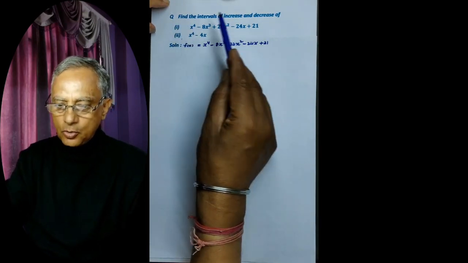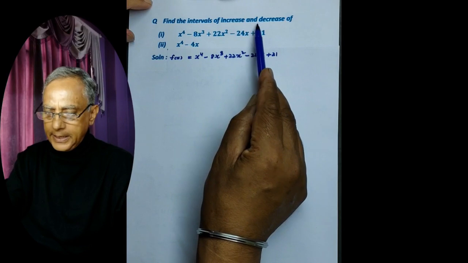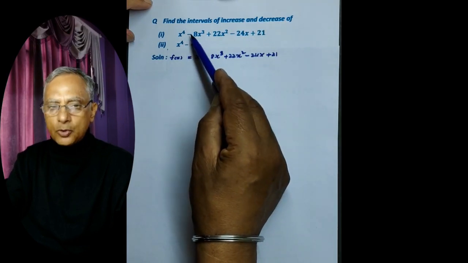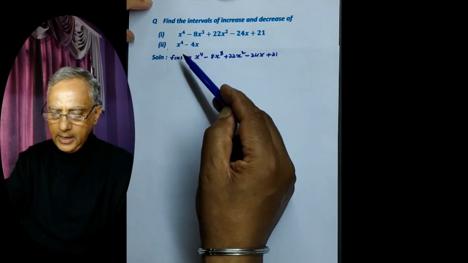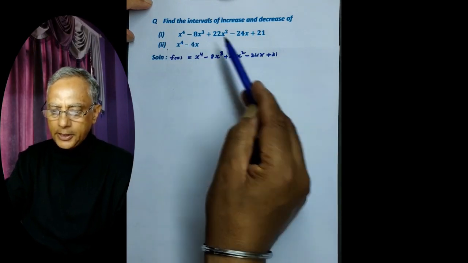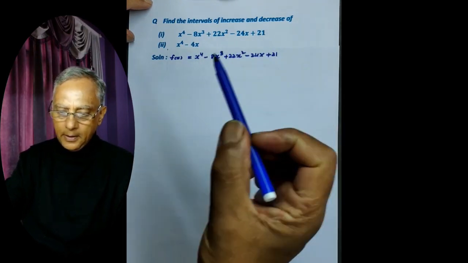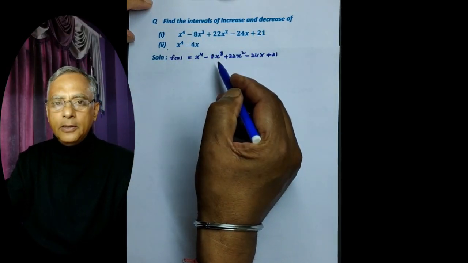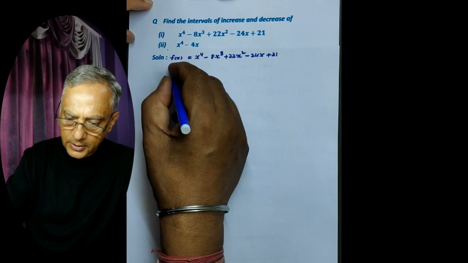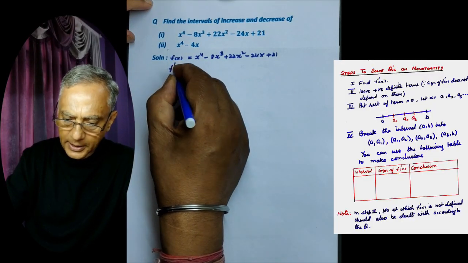Now I take up the next question. Find the interval of increase and decrease of these two functions. Now in first part we are given fx is equal to this much, and we have to find the intervals of increase and decrease of this function. What we do is we first find its derivative.